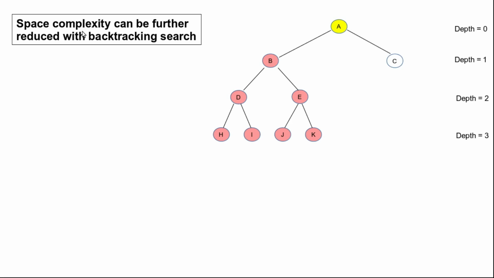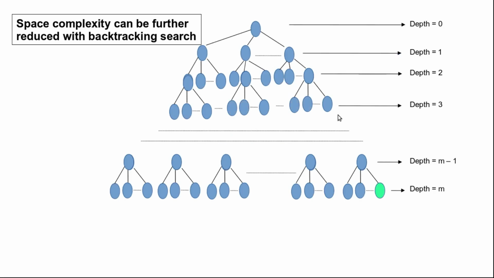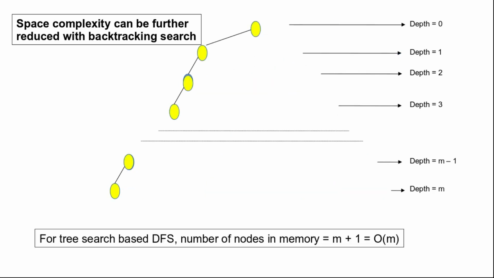So one difference we see is that with backtracking, we don't generate all the successor nodes. We generate only one successor node at a time. So apply that backtracking to this tree. What may happen is that we generate only one node for this root node, and for this yellow node we generate only one successor node, and for this node at depth 2 we generate only one successor node, and so on.